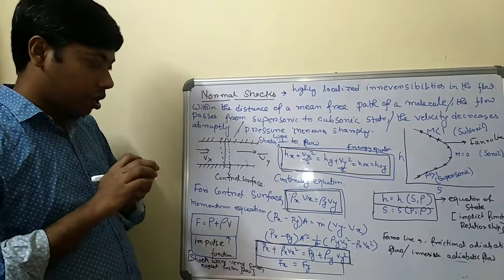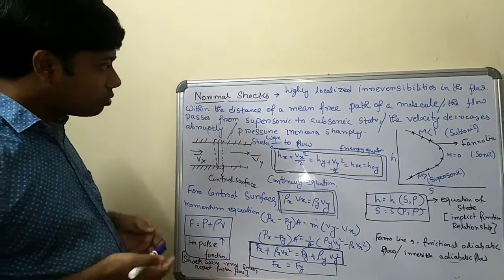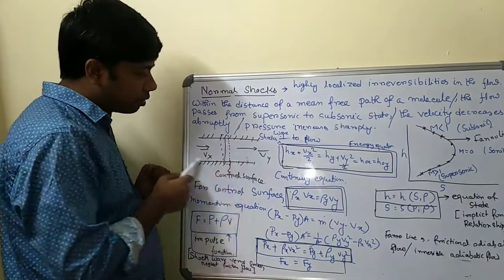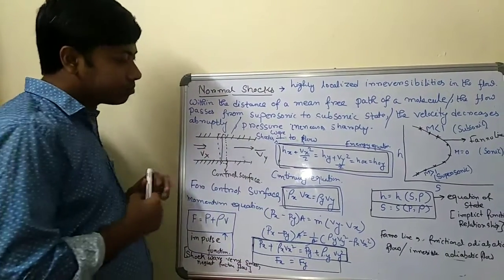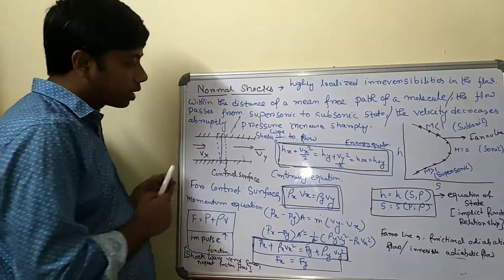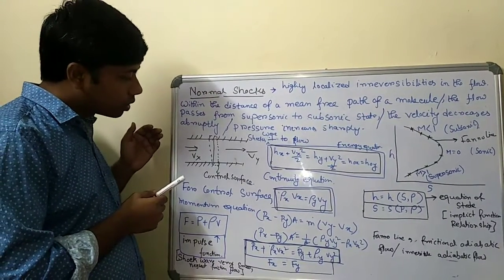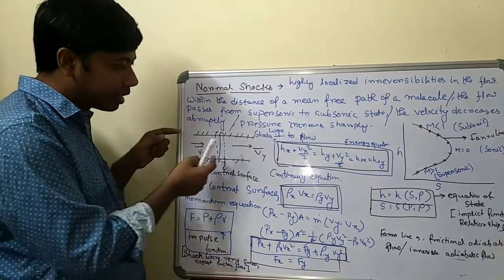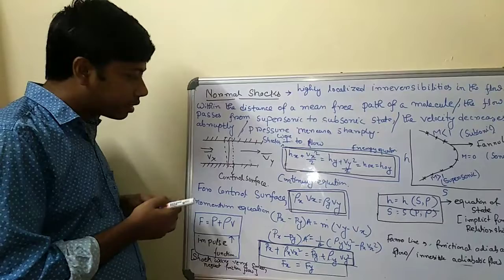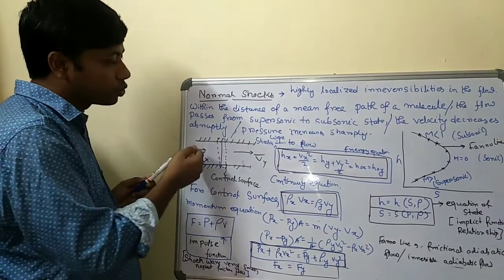Suppose there is a duct. When the flow passes through a channel or a convergent divergent channel, some shocks are produced.